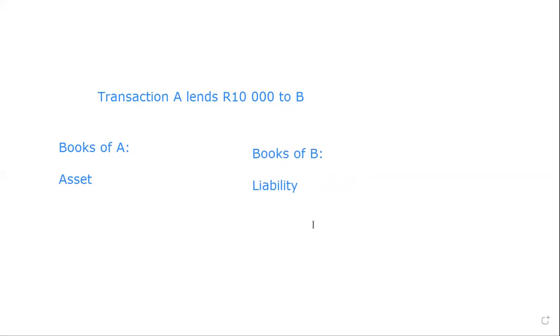Then we look at the required of our question and ask, are they asking us to look at the transaction from the books of B, from B's point of view, or from A Limited's point of view? And that will, as you can see, completely change our answer as to whether we have an asset or a liability. That's why it's so important with financial instruments in particular that you are very, very careful with the transaction and you know whose point of view you are looking at it from.